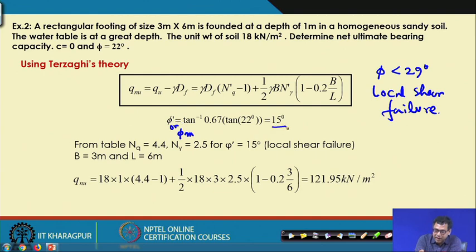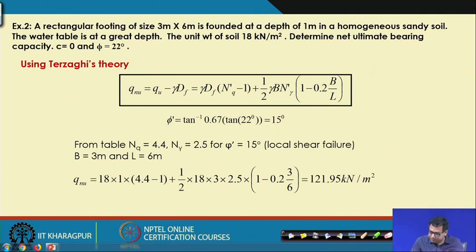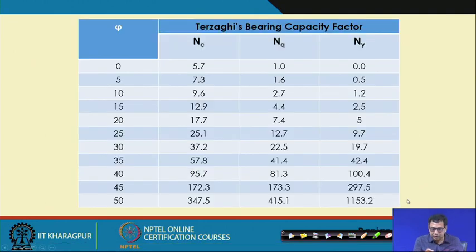Now this phi m, or phi dash, we will use as the new phi, and we will calculate the bearing capacity factors from the Terzaghi table corresponding to this new phi. So from the table, corresponding to 15 degrees, Nq is 4.4 and N gamma is 2.5.